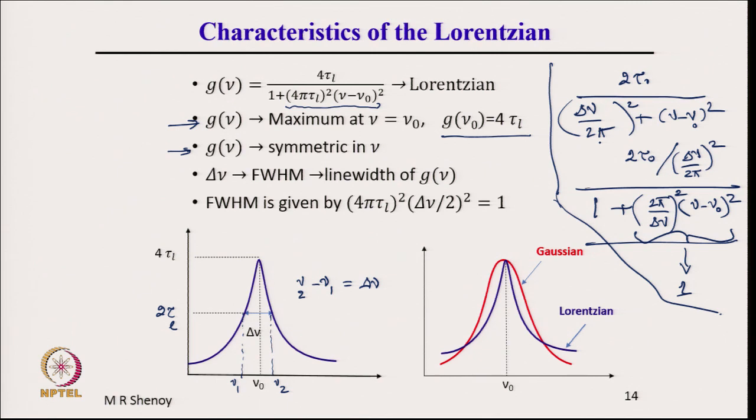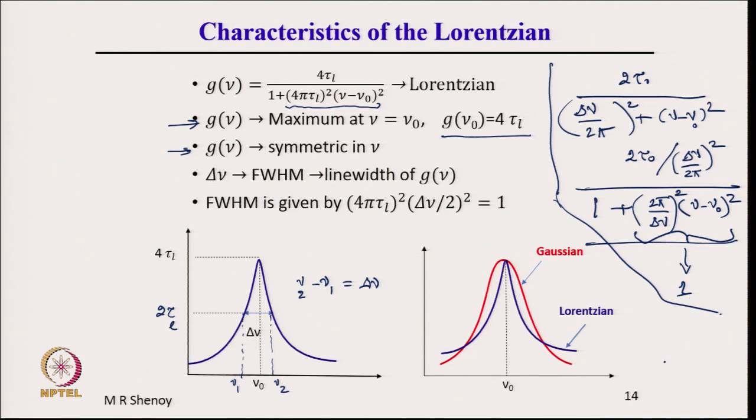Because the Lorentzian could be described in a general form like this, if you want to find the full width at half maximum, divide the denominator so that you write it in the form of 1 plus some quantity, and that quantity must be equal to 1 at full width.